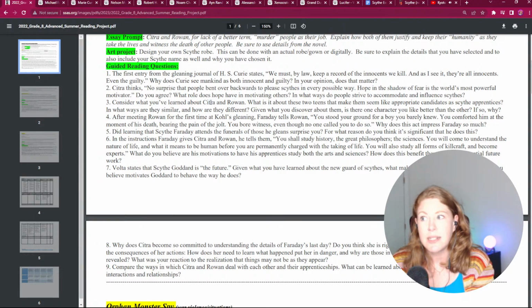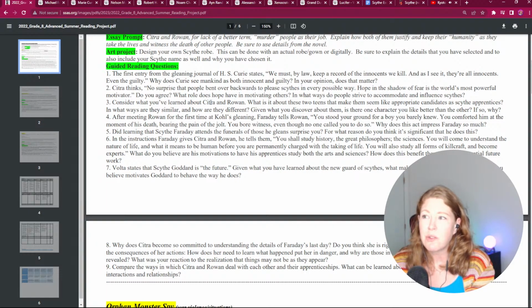And Rowan is involved in the gleaning with Cole to a certain extent, right? Like he holds his hand. He talks to Faraday while it's happening. So they're similar in the same way that they both were complicit in the gleanings that happened on the day they met Faraday, but different because of how close Rowan was.